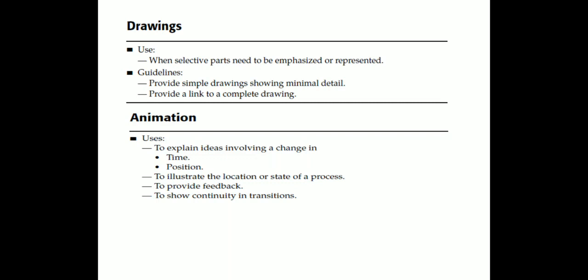Moving on to animation, we always try to use animation only when it serves a useful purpose. Animation has been found to be an effective way of representing complex concepts. Animations can be used to enhance textual explanations of objects changing over time.